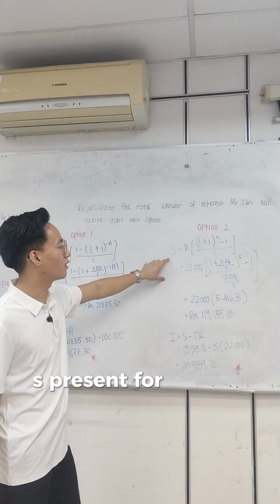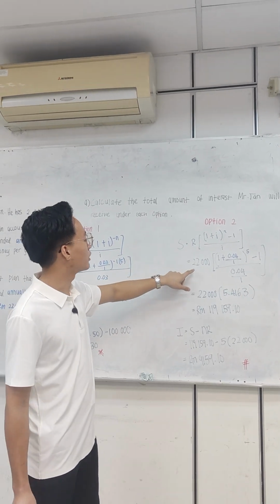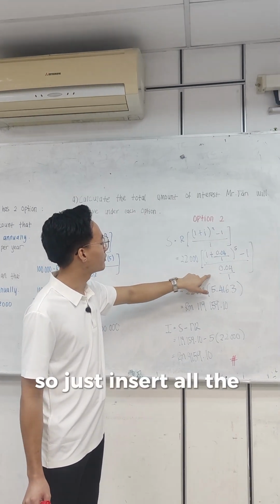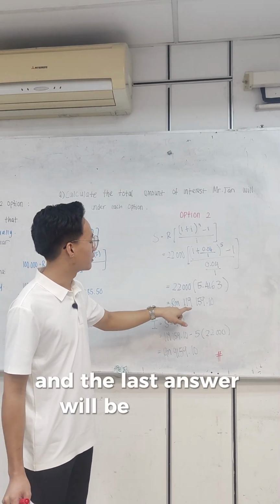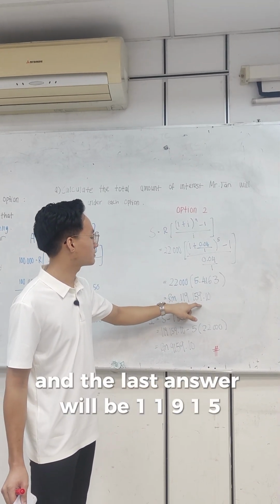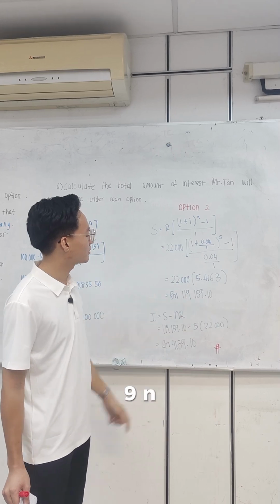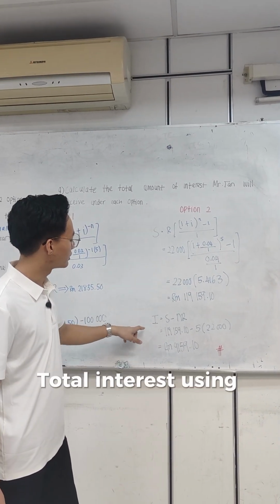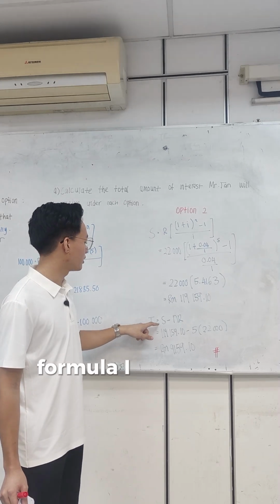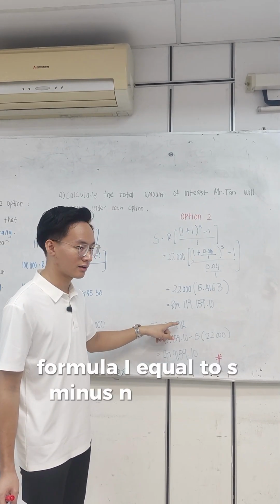S stands for future value. So just insert all the values given, and the last answer will be 119,159.10. And the total interest uses the formula I equals S minus NR.